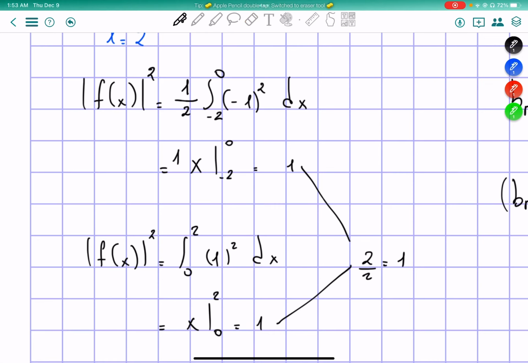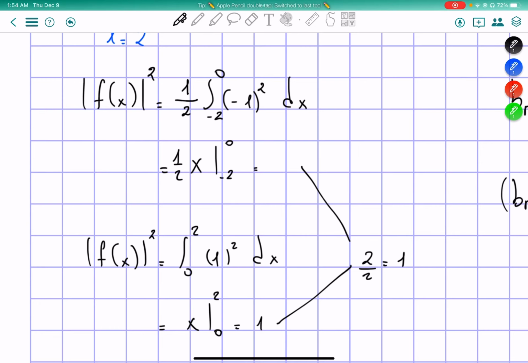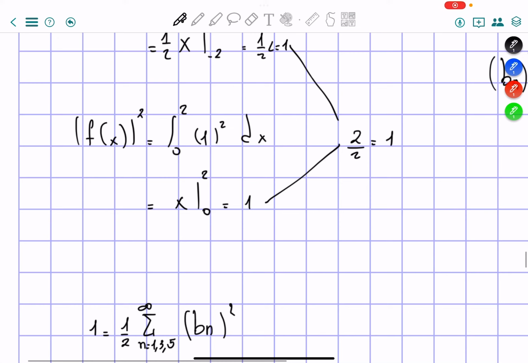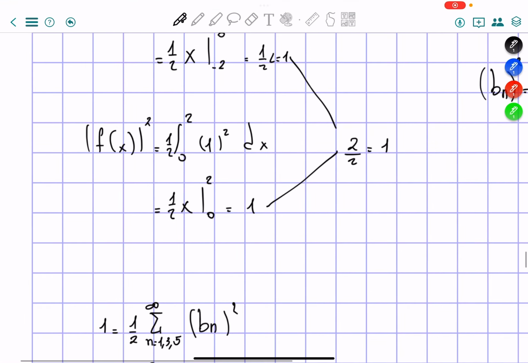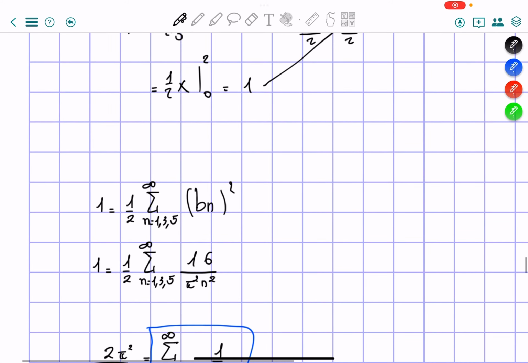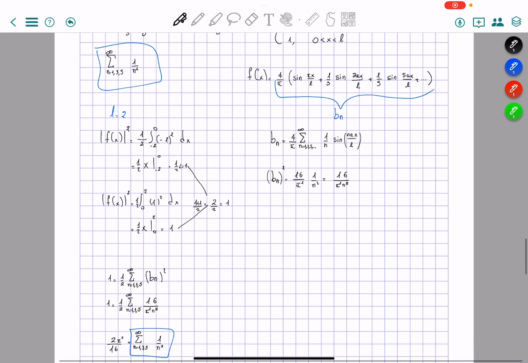So now we get 1 over 2 of 2, which is equal to 1. And so as you can see, we just go back to the beginning. So it doesn't matter which L you choose, as long as you keep it constant on both sides. So here it will be 1 plus 1 divided by 2, which is equal to 1. And as you can see, at the end we always get the same answer. Hope this is clear.